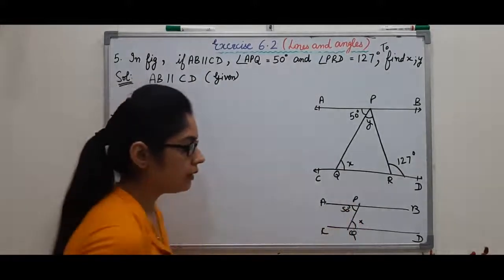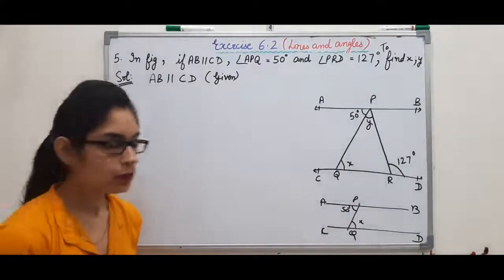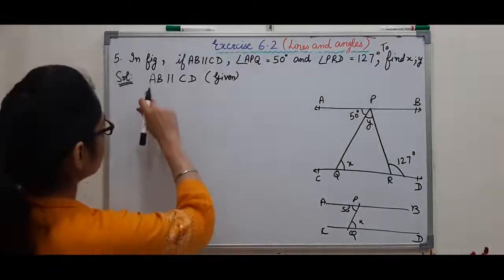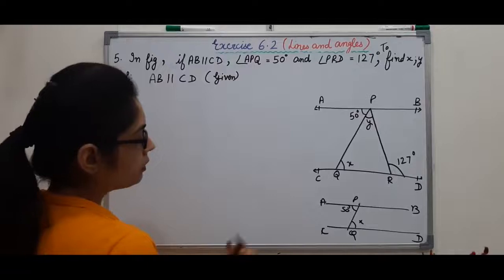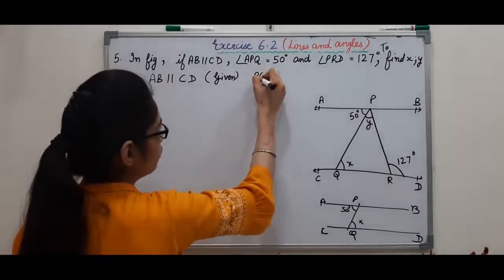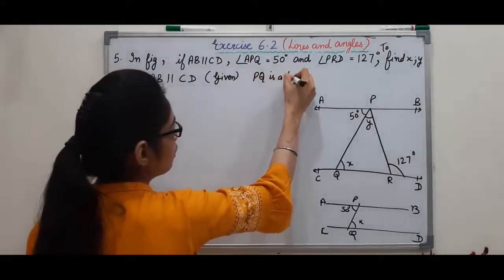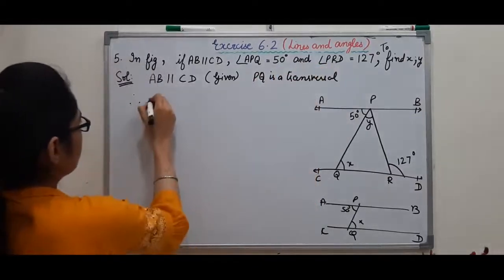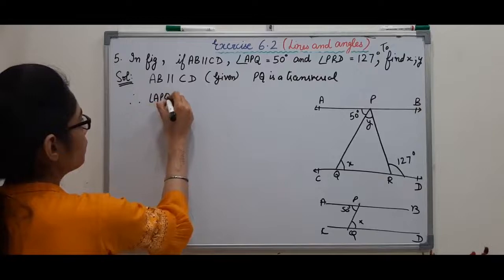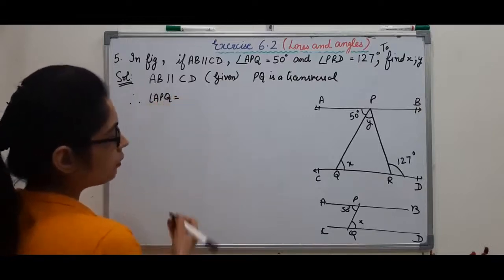So we know alternate interior angles are equal to each other. So we can mention, since AB is parallel to CD, and PQ is a transversal in this case, therefore, angle APQ is equal to angle PQD.